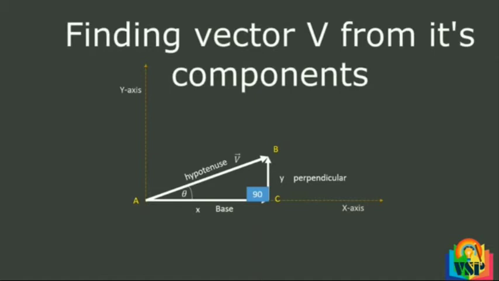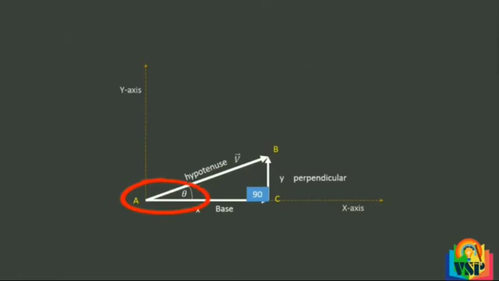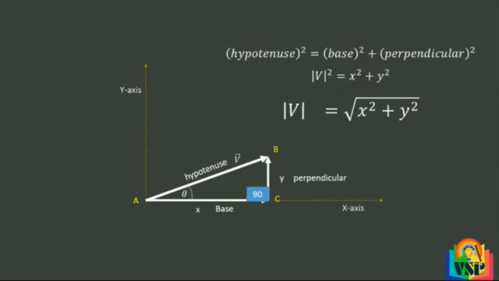Finding a vector v from its components. The hypotenuse is a vector which rotates by some angle from the base. According to Pythagoras theorem, hypotenuse square is equal to base square plus perpendicular square.